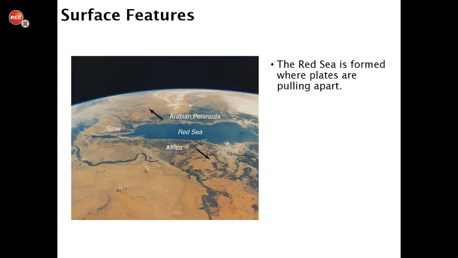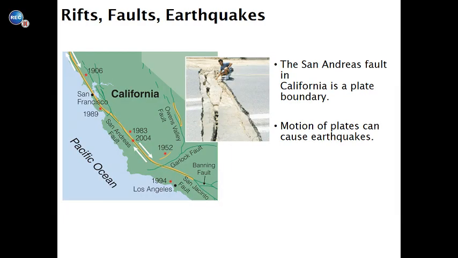There's places where the plates are pulling apart, like the Red Sea, the Rift Valley in East Africa. Places where there's lots of earthquakes. The East Asian and West Coast areas form lots of earthquakes and volcanoes. Effectively, plate boundaries, the Pacific plate and the North American plate and the Asian plates.